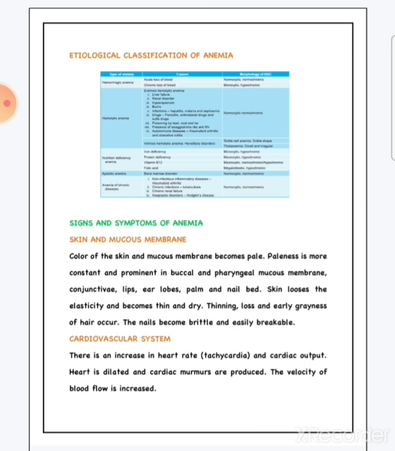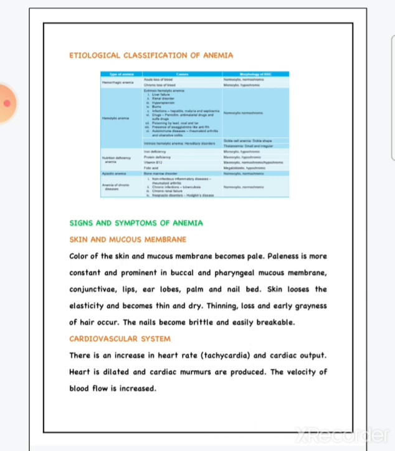The morphology of RBC in this is normocytic normochromic, right?